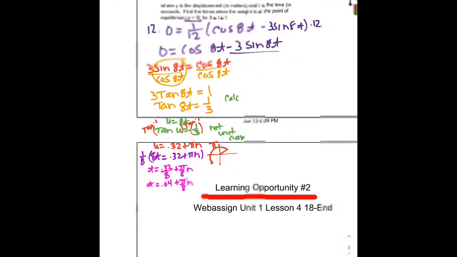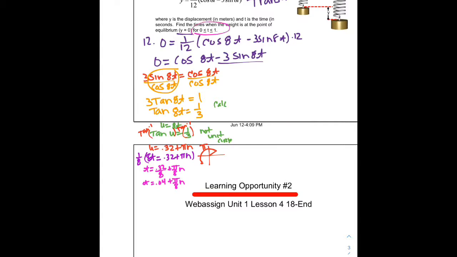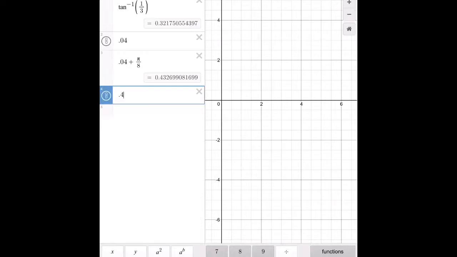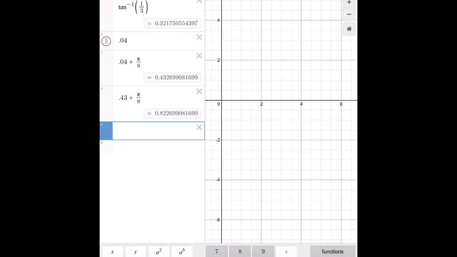And the problem wanted us to solve from where time was 0 to 1 second. So what does that mean? Well, we know that one of our solutions is going to be 0.04. Then we know the next solution is going to be 0.04 plus pi divided by 8, and that gives us 0.43. So now I'm going to take the previous answer of 0.43, and we're going to add pi divided by 8 to it, and we get 0.82.